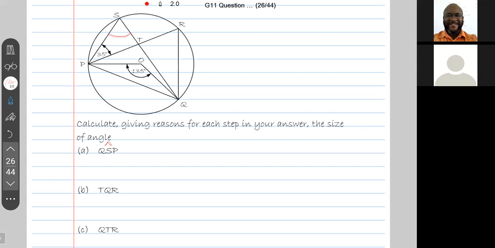Now, I'm going to tell you that this angle is equal to 135 divided by 2, which is equal to 67.5 degrees. And this is the reason: angle at center is equal to 2 times angle at circumference.